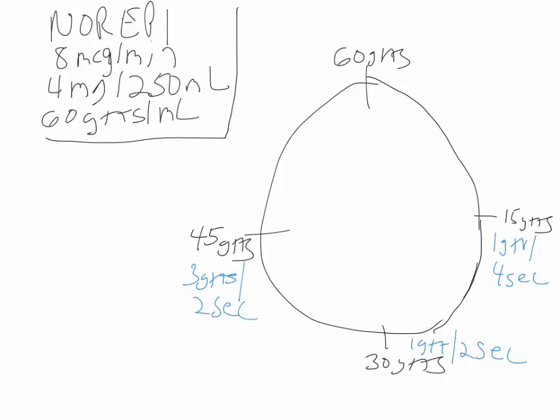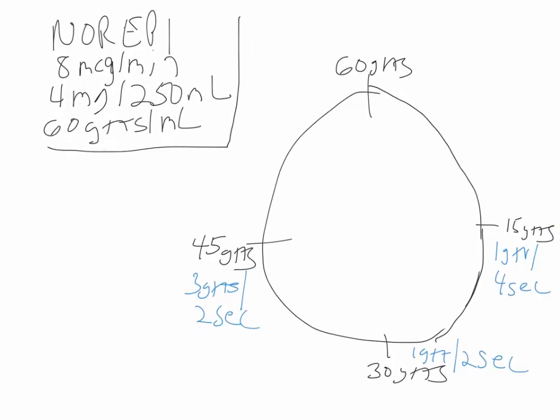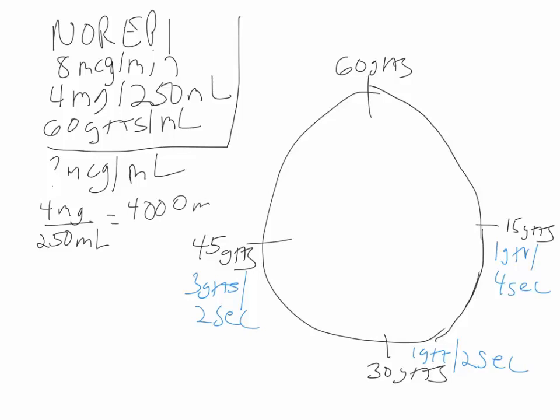So the calculation we need to do is how many micrograms of norepinephrine are in 1 milliliter. And to do that, we're going to take our 4 milligrams, our dose on hand, and our 250 milliliters, that equals 4,000 micrograms over 250 milliliters.